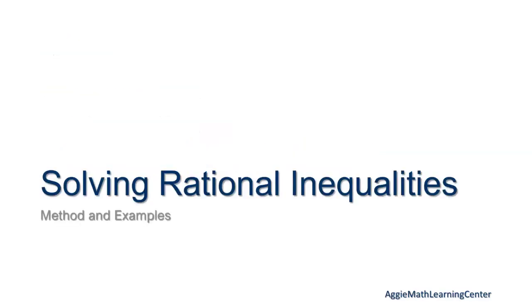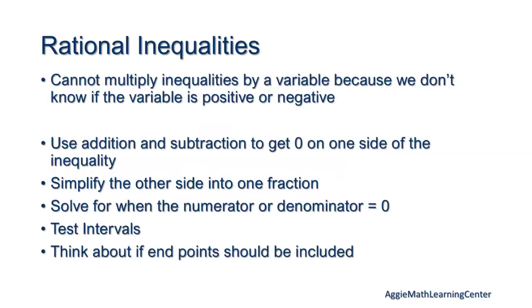So first off, solving rational inequalities. You cannot multiply inequalities by a variable because we don't know if the variable is positive or negative. Use addition and subtraction to get 0 on one side of the inequality. Then you simplify into one fraction. Solve for the numerator and denominator equals 0.